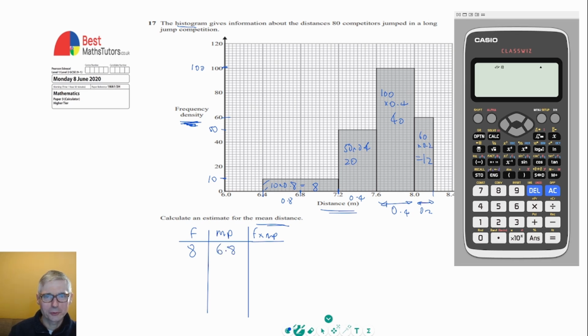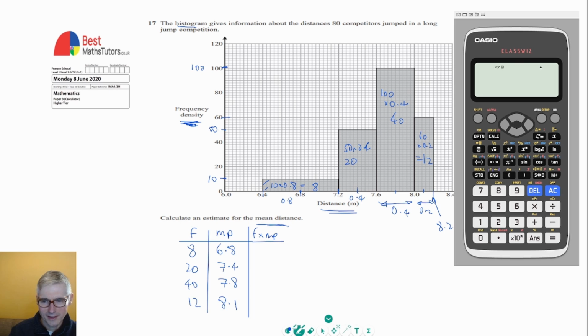The next group, we've got a frequency of 20, and the midpoint is 7.4. The next group, we've got 40 as the frequency, and the midpoint is 7.8. And the final group, we've got a frequency of 12, and if that one goes up to 8.2, then the midpoint is going to be 8.1.